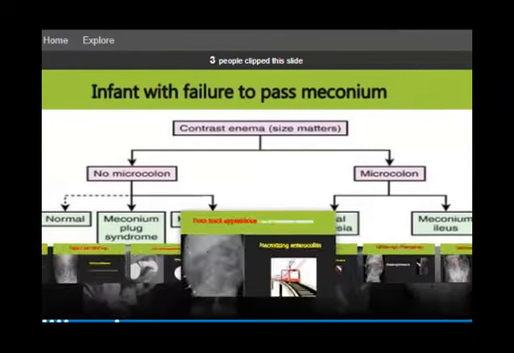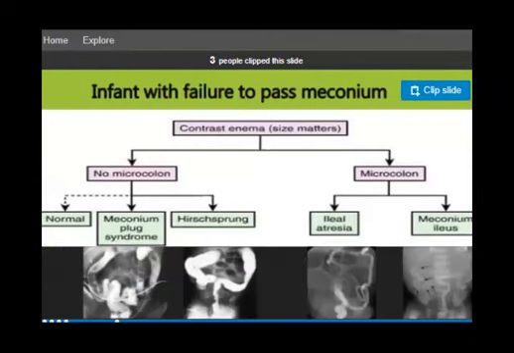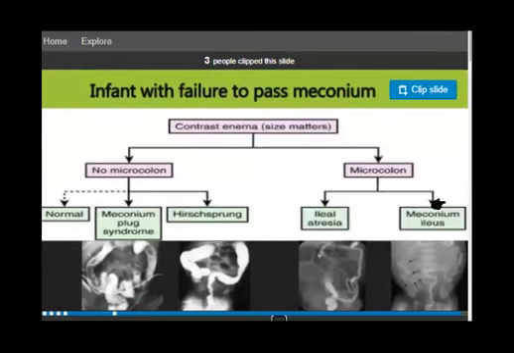And let's just try to make it a bit, yeah. So this one is meconium ileus, ileal atresia. We will talk about this in detail, but you do a contrast enema in an infant who had failure to pass meconium, and you look for the microcolon.